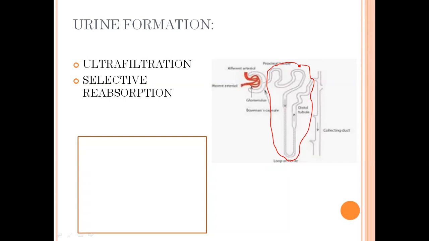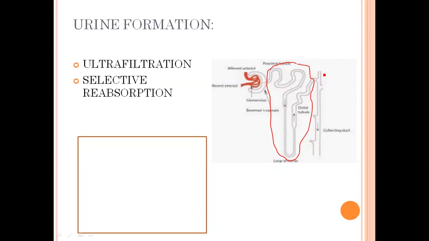The useful substances which are reabsorbed include glucose, amino acids, some bicarbonate salts, chloride, potassium ions, etc., which are reabsorbed in the body because they are needed for the various functions within the body.